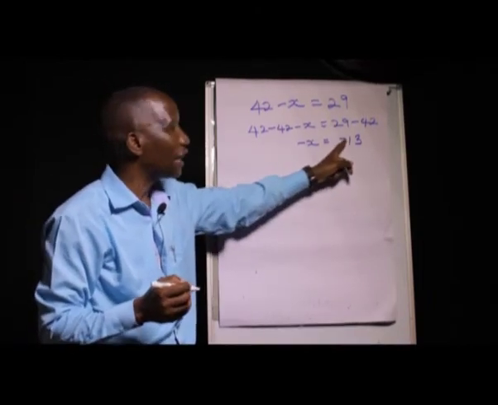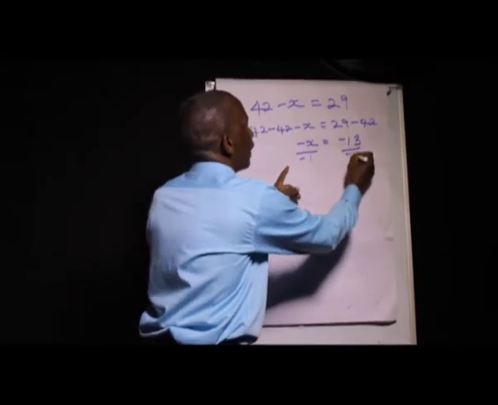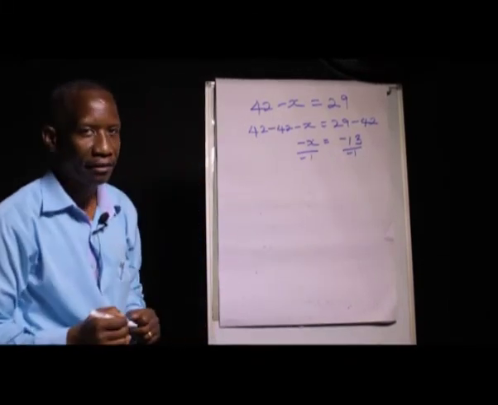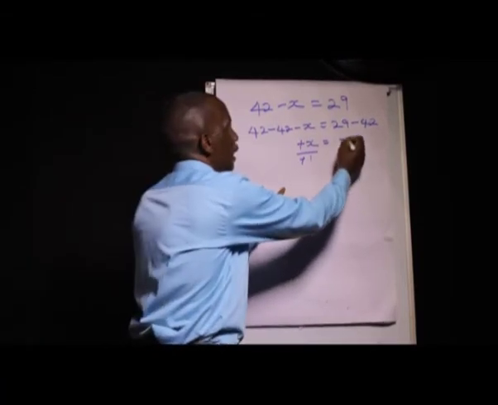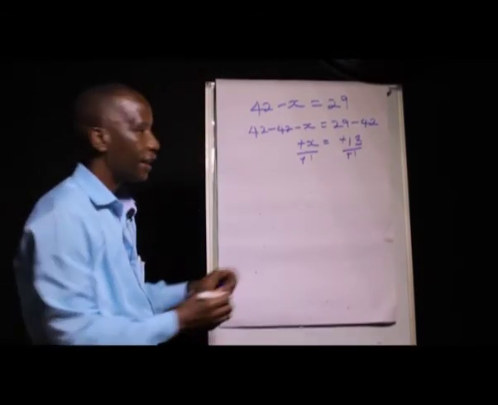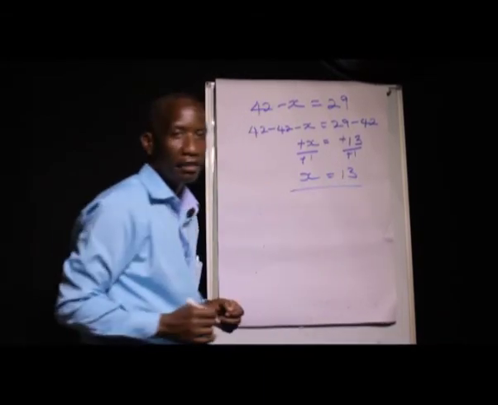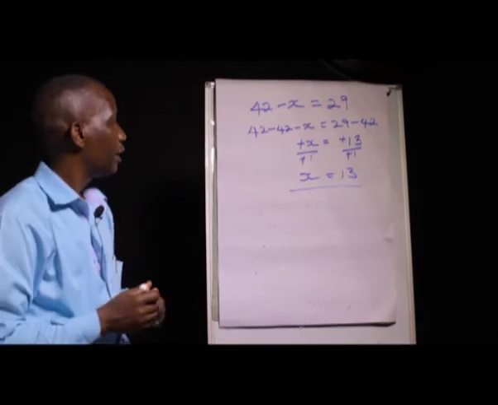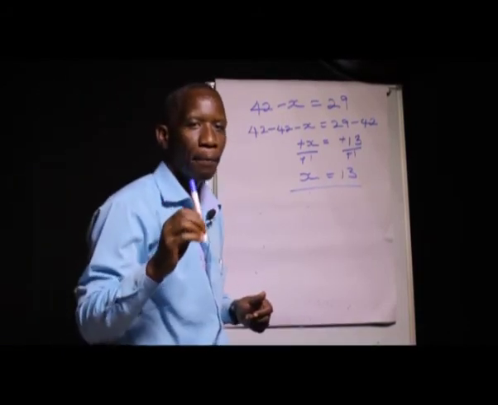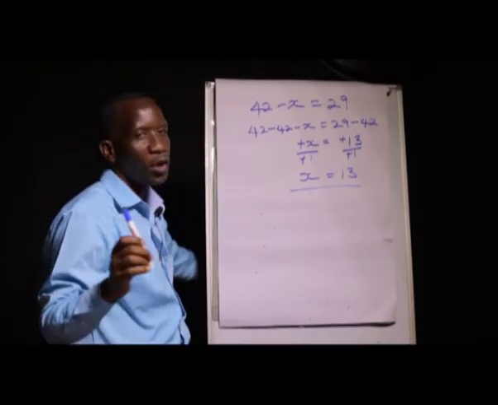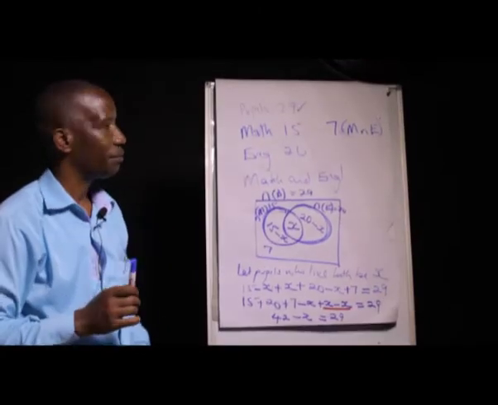Do you remember how we work out this? We eliminate the negative sign by dividing both sides by negative 1. This one eliminates this and the other one. At the end of the day, we have x, which is equal to 13. If you remember, we said x represents pupils who like both English and mathematics.